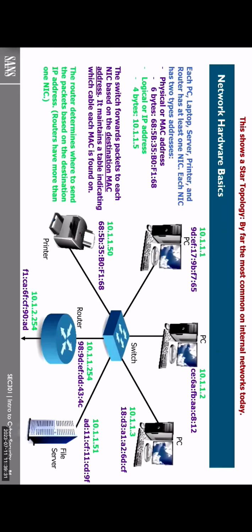Great question. So Michelle just asked, the router has its own IP address and its own MAC address. What about the switch? The switch, for all intents and purposes, is pretty transparent on the network. It doesn't have its own MAC address. It just keeps track of MAC addresses for these devices. It doesn't have an IP address.